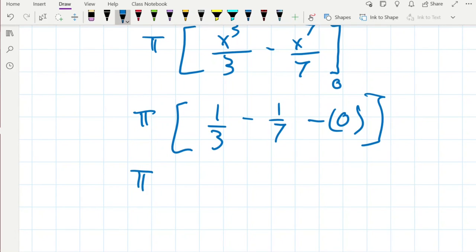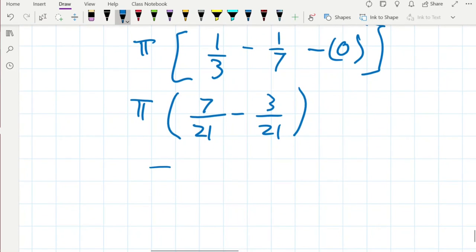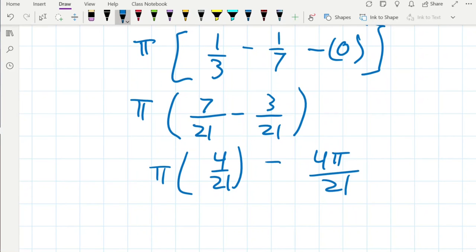So that is going to be pi times 7 over 21 minus 3 over 21. So that is going to be pi times 4 over 21, which is the final answer.